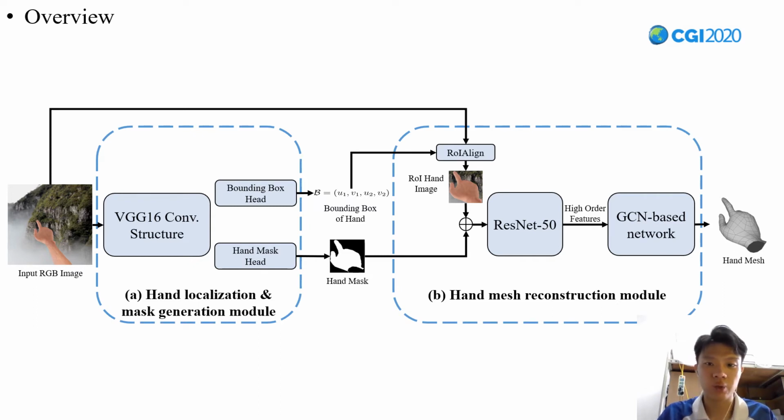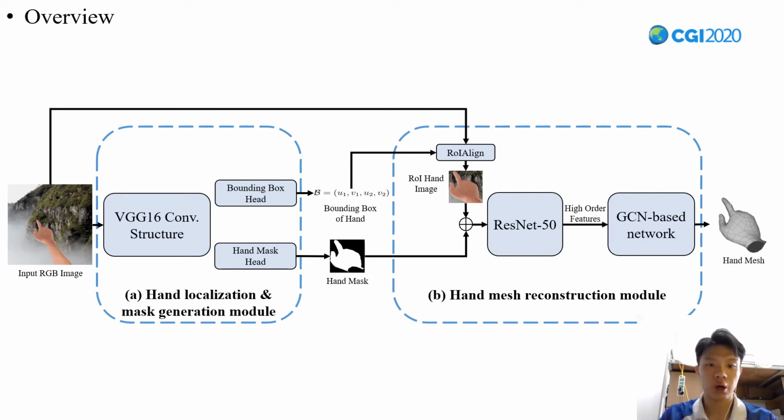To handle the real-world data, we use CycleGAN to transform the data domain of the real-world images to that of our synthesis dataset. We demonstrated that our method can produce accurate 3D hand mesh and achieve an efficient performance for real-time applications.